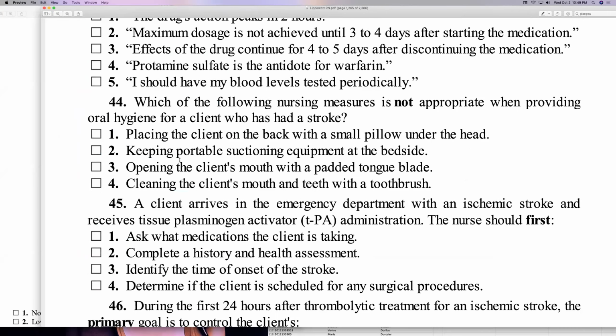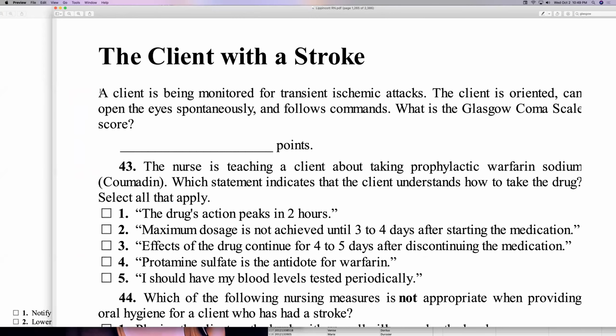Sorry, which one? We're doing this one here. You don't even need the scale. I want you to tell me the answer and why you don't need the scale. A client is monitored for transient ischemic attacks. The client is oriented, can open the eyes spontaneously, and follows commands.